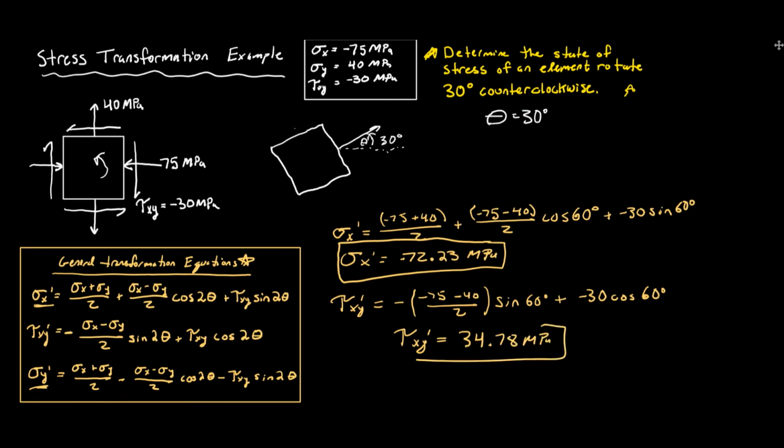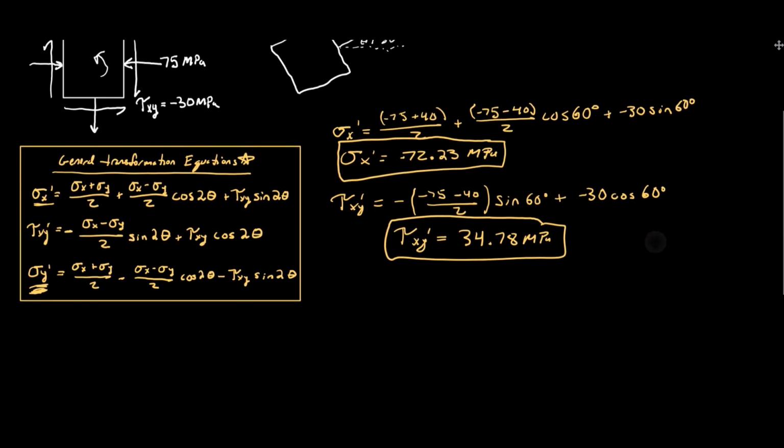So we have two of these, and we still want to find our normal stress in the y direction. We're just going to use that equation, sigma y prime. You notice this part is the same as the sigma x equation, and then it's opposite here, with opposite signs for this part.